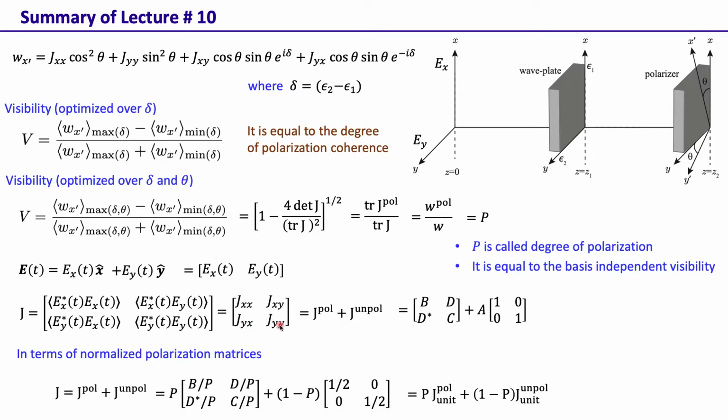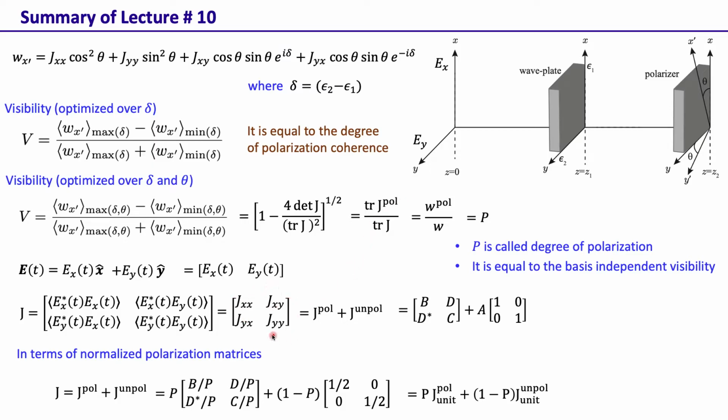Now suppose we diagonalize it, and in the diagonal form it will only have the diagonal entries and no off diagonal entries. Now the diagonal entry Jxx represents the intensity of the X polarization, or the spectral density of the X polarization, and Jyy represents the spectral density in the Y direction, or of the Y polarization.